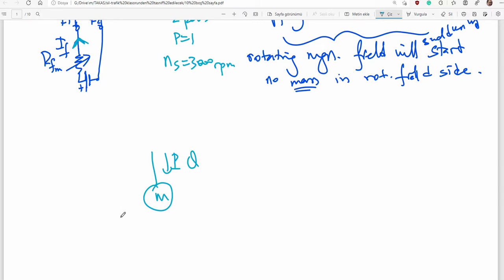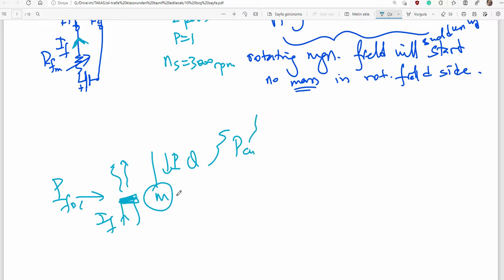You apply again some field here, you apply again some DC power here, here is some heat, and then again here are some copper losses in armature, but there is no output. There is no output. So it is a dangerous case.